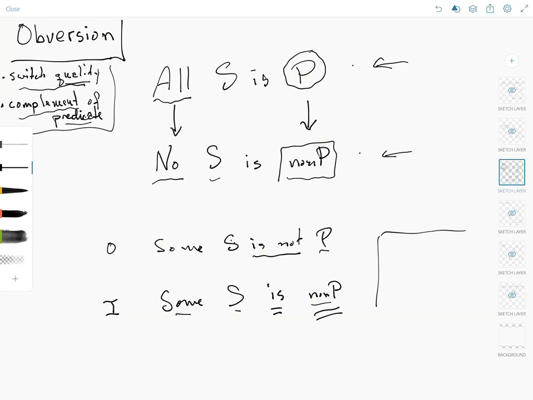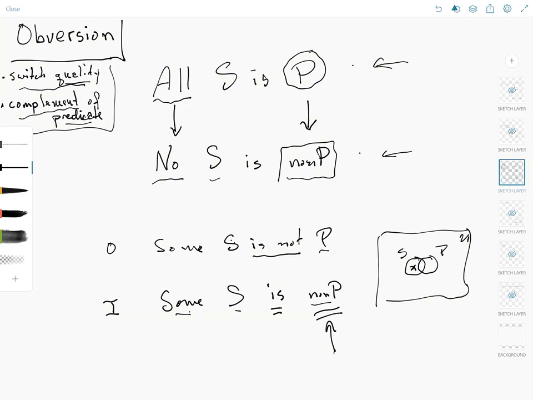So if you want to think about this in terms of the complement idea that we had in the previous slide, think about it like this. So here we have S and P. The diagram of the premise, some S is not P, says that there's at least one S outside of P, right? And if you think about it in terms of the conclusion, the set of non-P is everything outside the P circle in this whole universe.